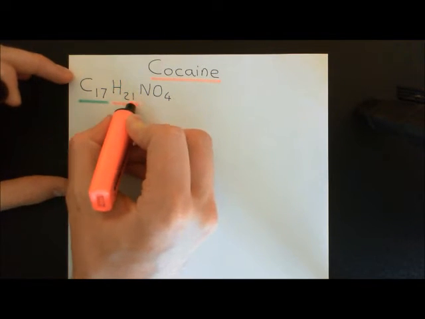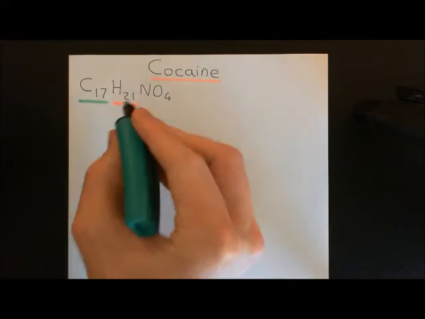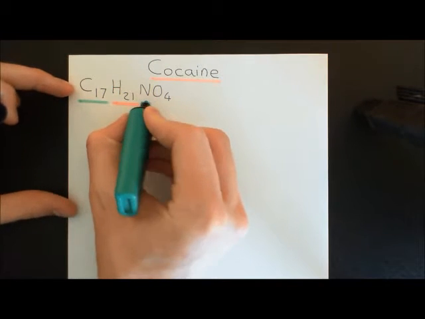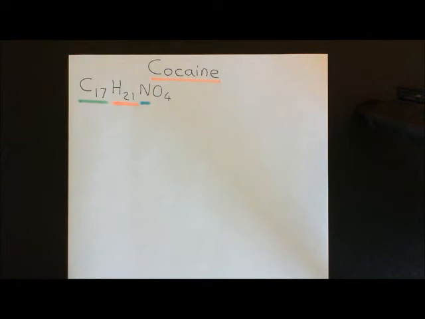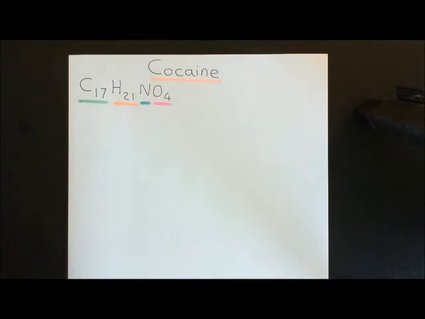The H21 here tells us that every cocaine molecule contains 21 hydrogen atoms. The N here tells us that each cocaine molecule contains 1 nitrogen atom. And finally, the O4 here tells us that each cocaine molecule contains 4 oxygen atoms. Okay, so this tells us the atomic constituents of cocaine.